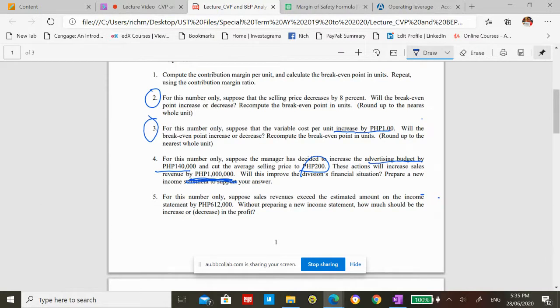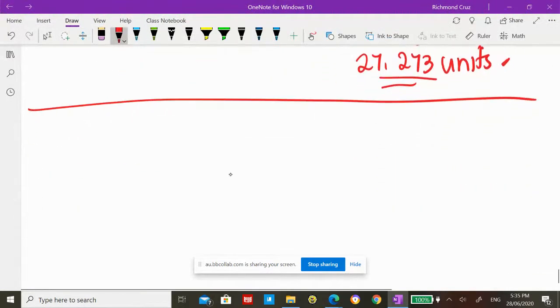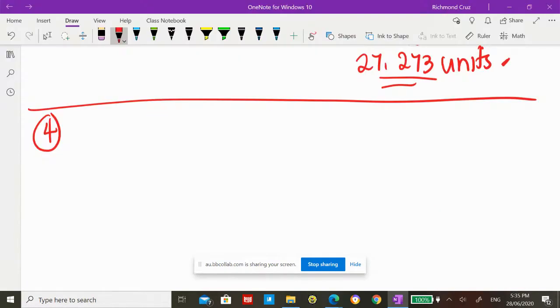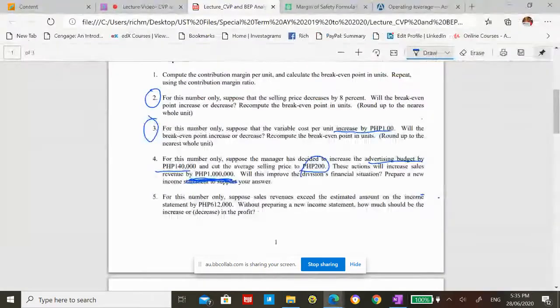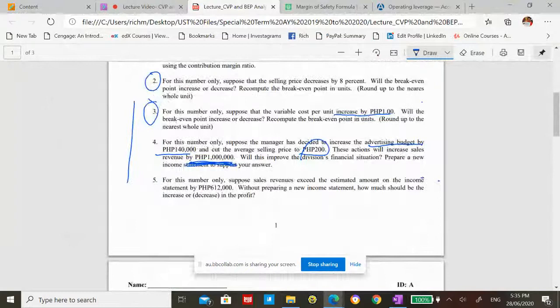So, let's try to compute. So, dun sa number 4. So, sabi niya, magkakaroon tayo ng increase dun sa advertising expense ng 140,000. Yung average selling price, bababa. So, yung sales natin, mag-i-increase daw ng 1 million. So, if that is the case, so take note, yung sales natin is 15 million.